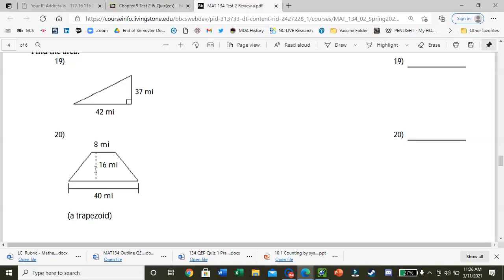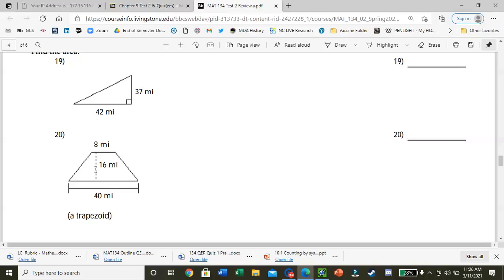So I'll draw that out. We've got 16 miles and 8 miles and 40 miles.